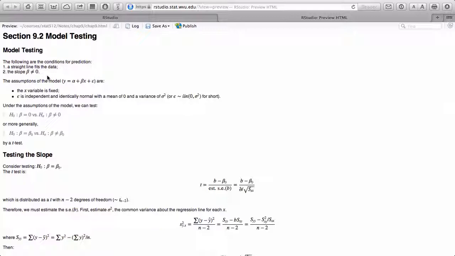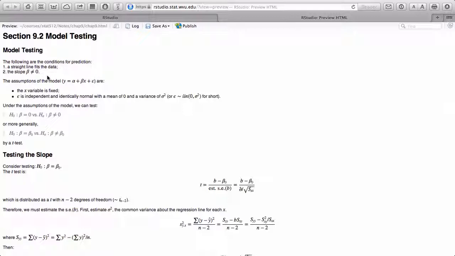So what does IIN mean? Independent and identically distributed as a normal, with a mean of 0 and a variance of sigma squared. So the variance does not depend on x, unlike the mean, because the mean does depend on x. The expected value of y, which is the mean, is equal to alpha plus beta x.